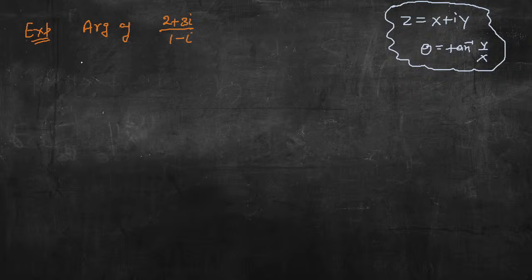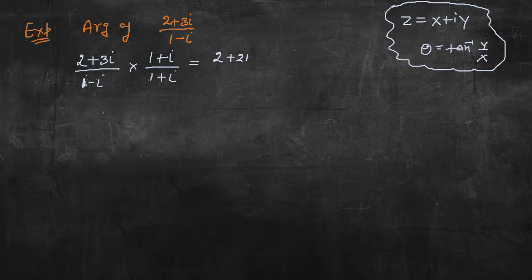So what can I do? I will try to convert this number into x plus iota y. I multiply by 1 plus iota, and divide by 1 plus iota. Multiplying the numerator, it is 2 plus 2 iota plus 3 iota plus 3 iota square, and iota square becomes minus 3, divided by 1 plus 1.